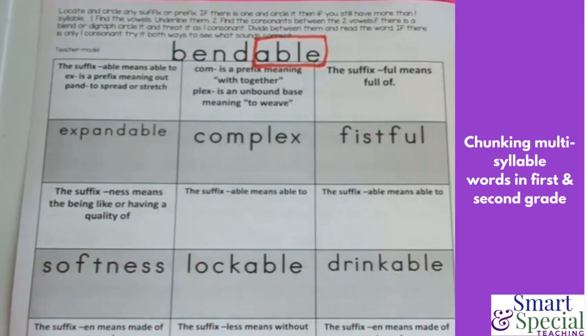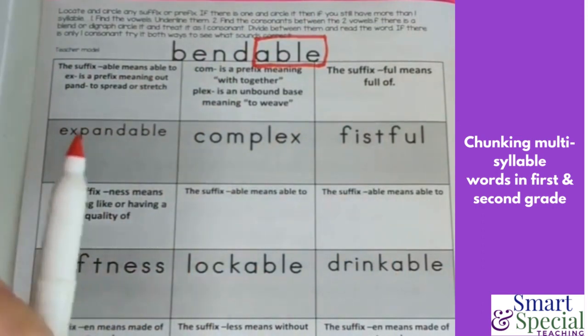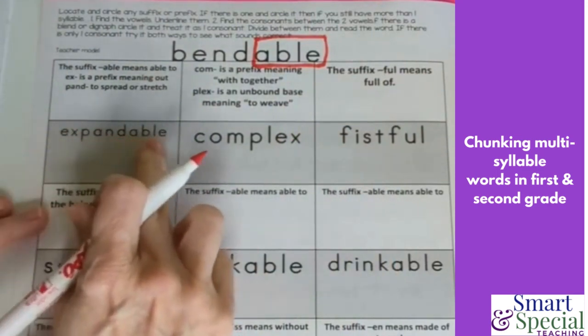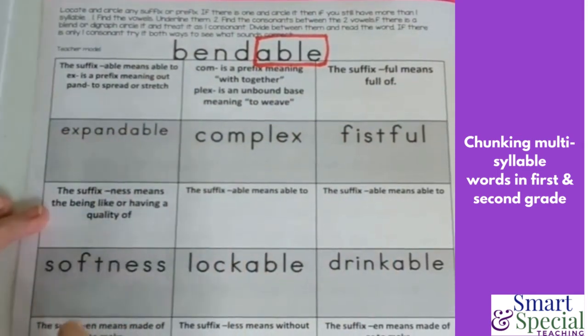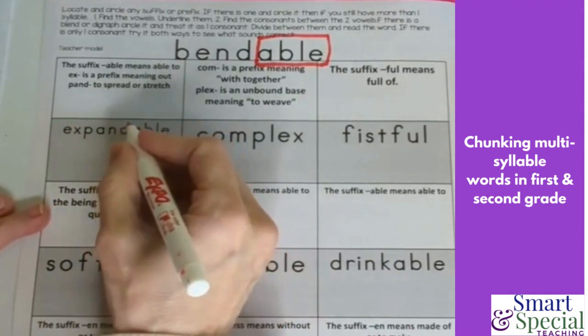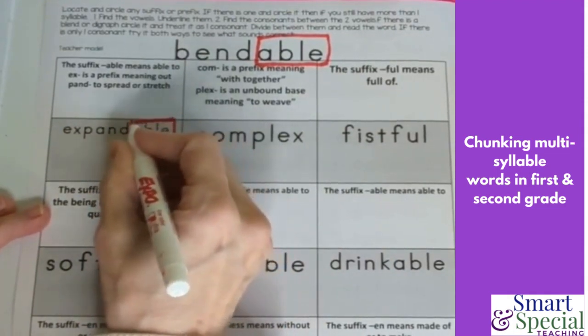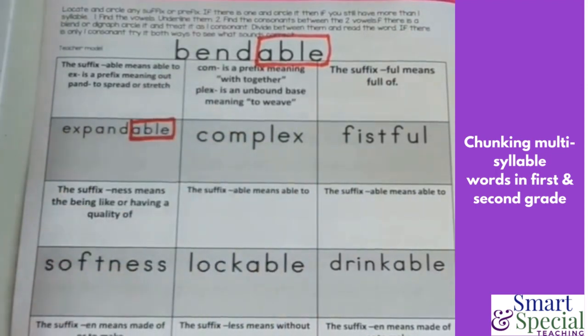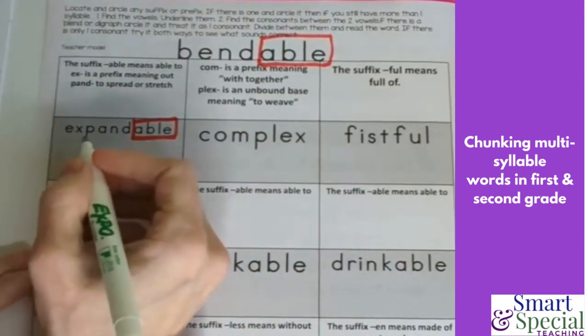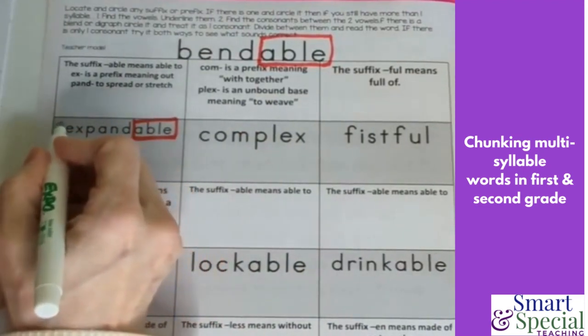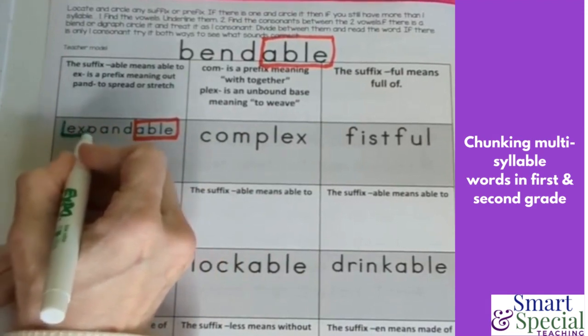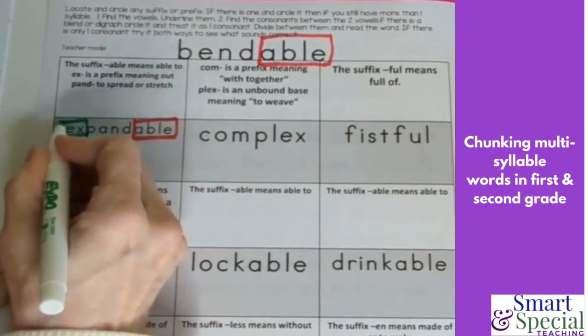Now I show the student that I'm going to box the suffix that way, and I'm going to say, what do we see in this next word that we could box? Hopefully they'll see that it has the same suffix, able, and I'm going to say there it means able to, and then we have the prefix. A prefix comes before the base, and the prefix is ex, and ex means out.